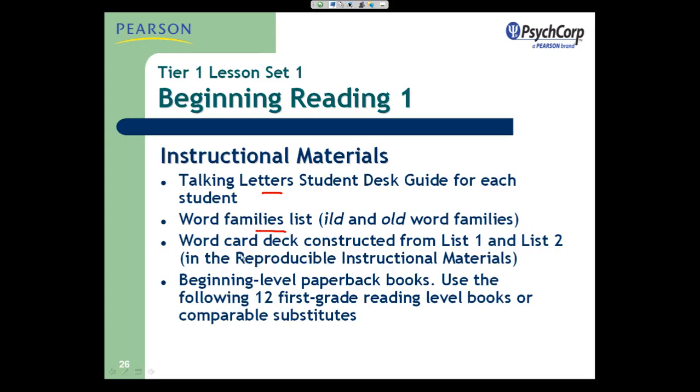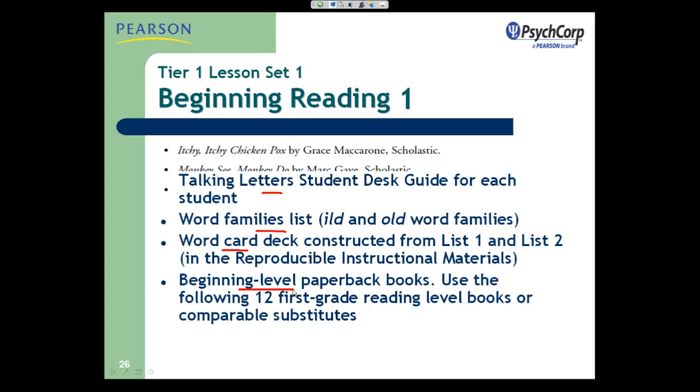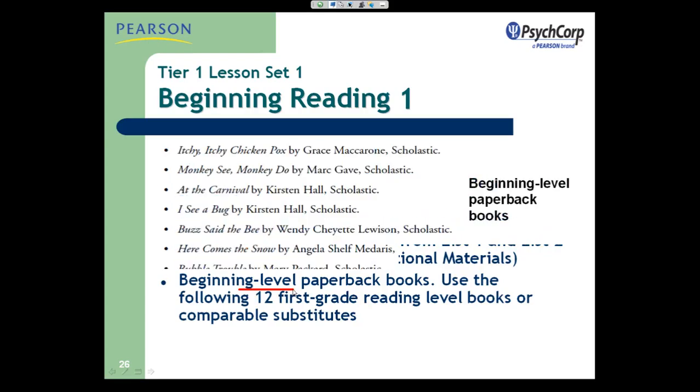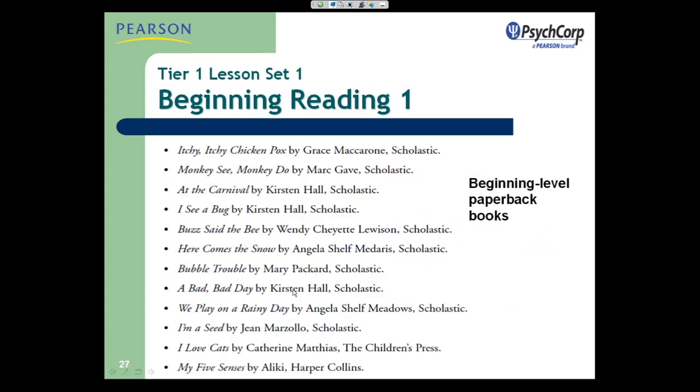The information for the word card deck is presented in that reproducible packet as well. The only thing that's not included, we tell teachers they can use any paperback books, beginning level paperback books, and Dr. Berninger gives a list of some of the books that are beginning level reading books, but teachers can choose whatever they want.